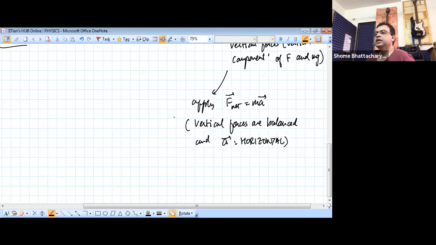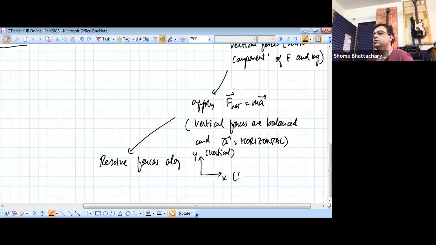So for that, what will we do now? Next thing is we will resolve forces along the y-axis being vertical and the x-axis being horizontal. So that particular force that we had, the 50 newtons one, let's first understand its resolution. It's very simple. You've been doing vector algebra all these days. You'll understand the resolution very easily.